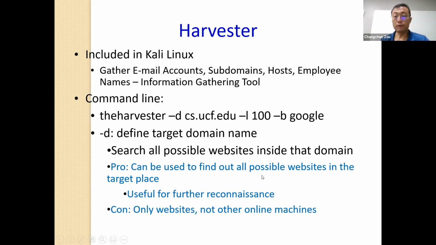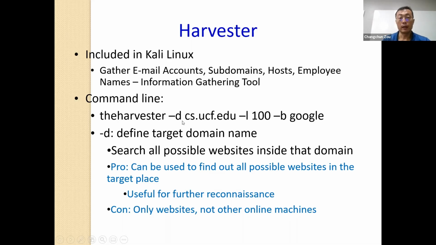So it can be used to find all possible websites in a targeted place, but only websites, because it uses a search engine that only searches internet web servers. So it can only get information about those web servers, not other online machines.